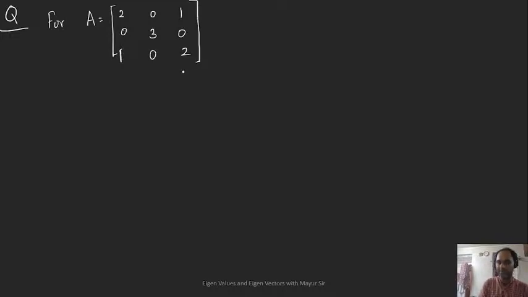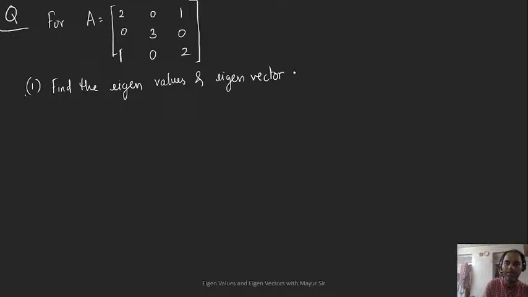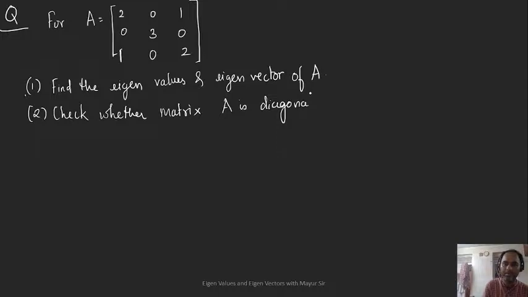Now we are taking this matrix A, and the question is: first, find the eigenvalues and eigenvectors of A. Second, check whether matrix A is diagonalizable or not.